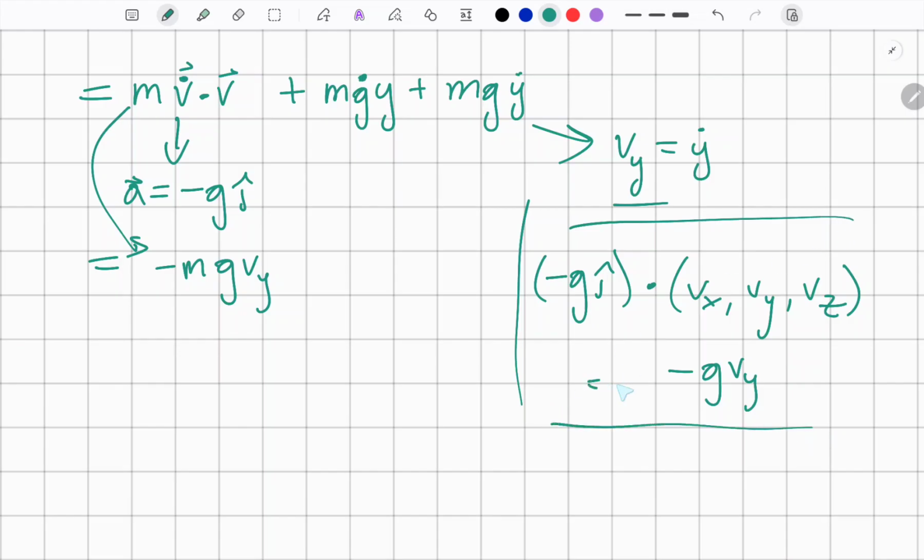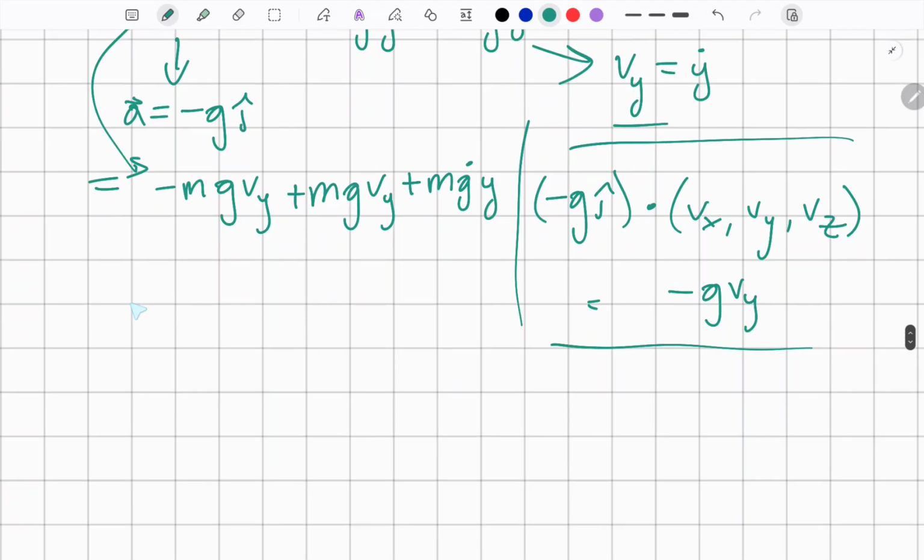We're going to have plus, we knew that this was our vy as well, plus mg vy plus m g-dot y. These two will cancel each other out, and we're going to be left with m g-dot y.